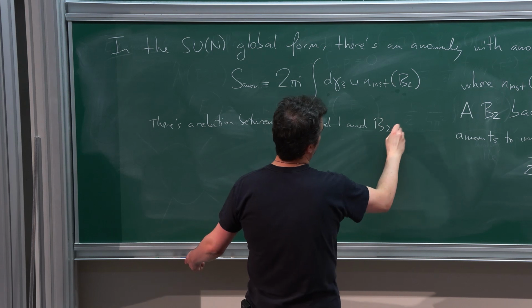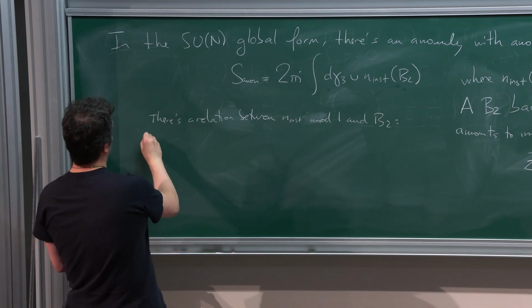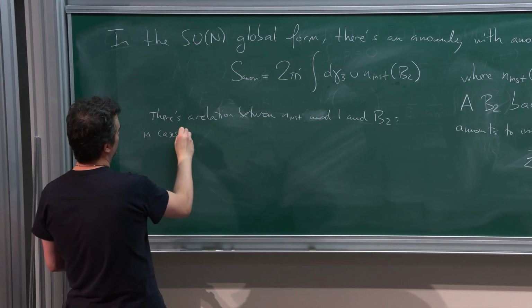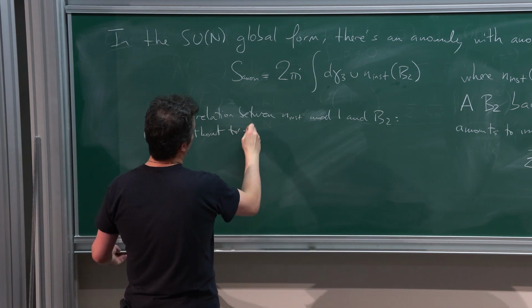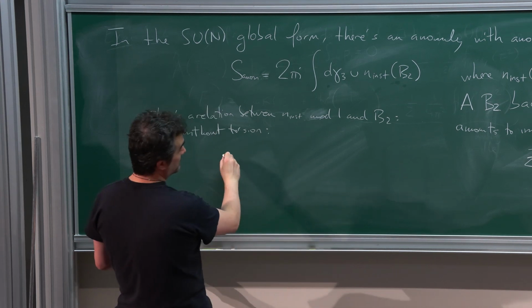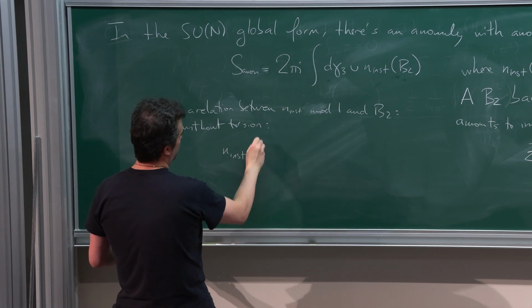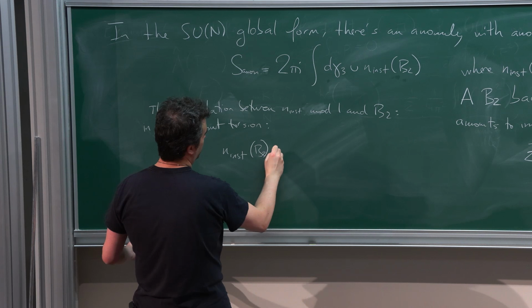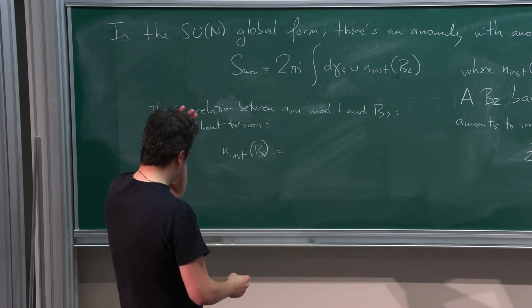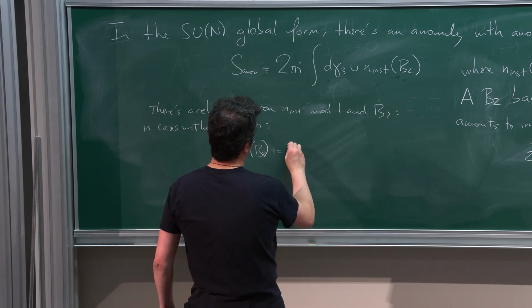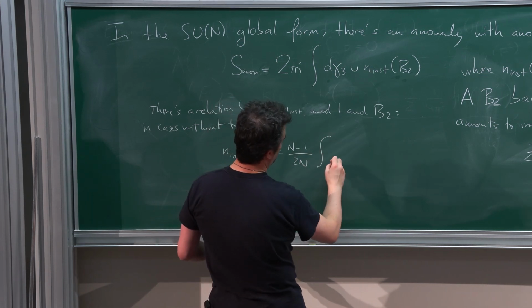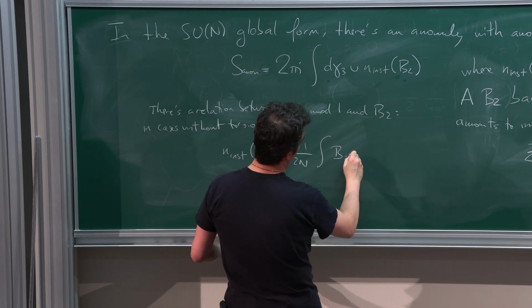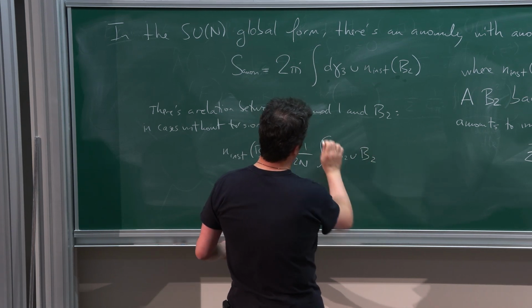In cases without torsion, you have that n inst of B2 is (n minus 1) over 2n times the integral of the square of B2.